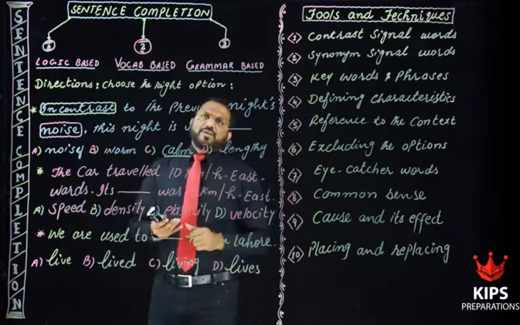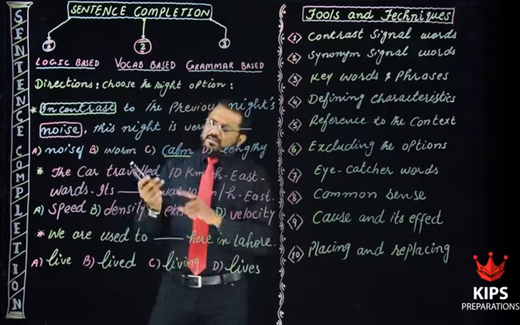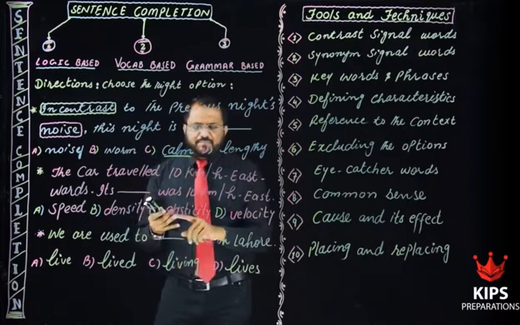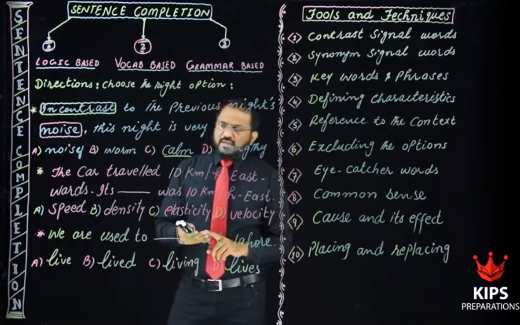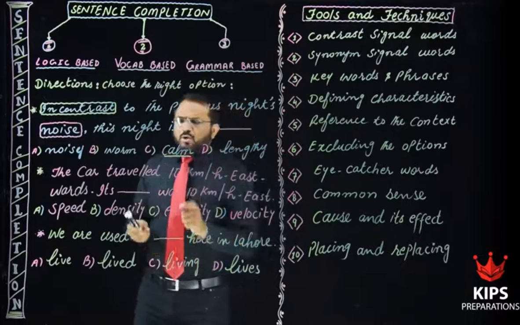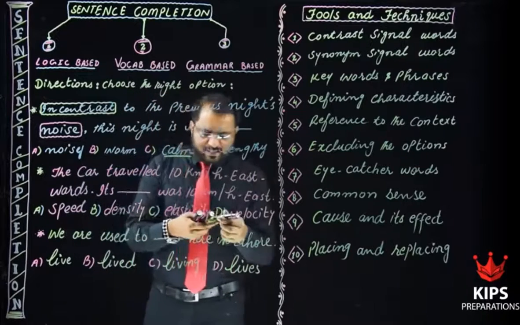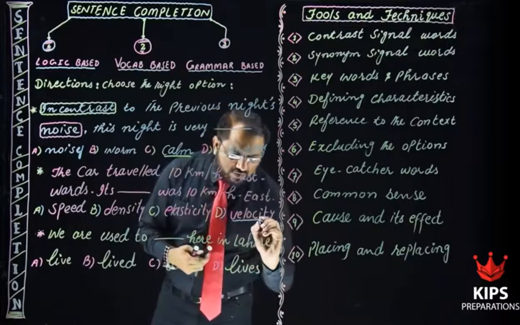So, if you are science students and you know it very well, the distance covered by a body in a unit of time in a particular direction is called velocity. It's not speed. So according to the definition, your answer is D. This is how we go. Your answer is velocity.